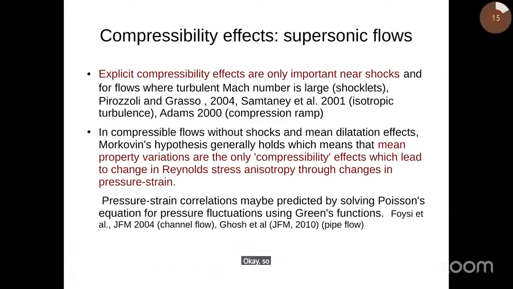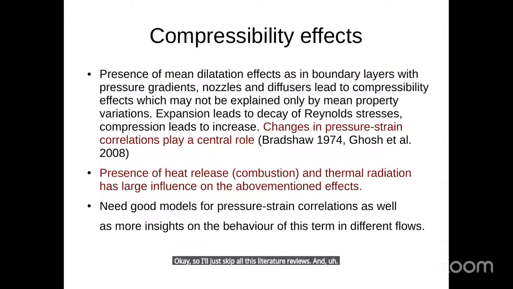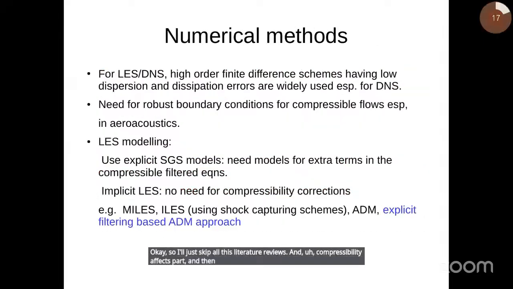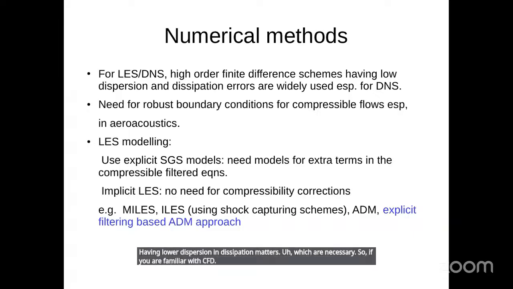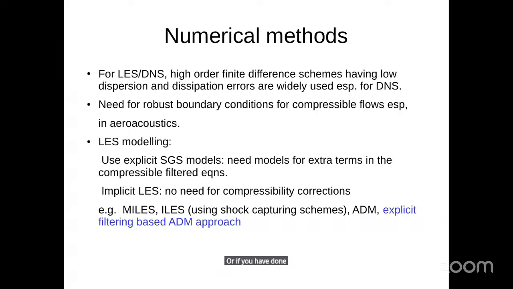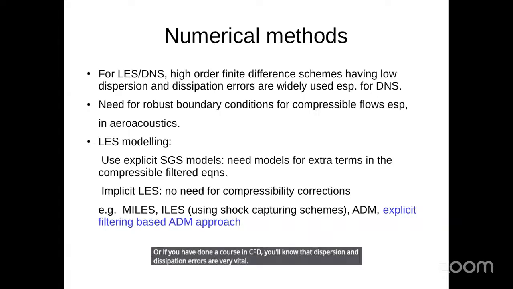Okay, so I'll just skip all these literature reviews and compressibility effects part, and then go to the numerical methods that mostly will be used in this talk. So for LES and DNS, we use high order finite difference schemes having low dispersion and dissipation errors, which are necessary. So if you are familiar with CFD, or if you have done a course in CFD, you will know that dispersion and dissipation errors are very vital for turbulent flows.